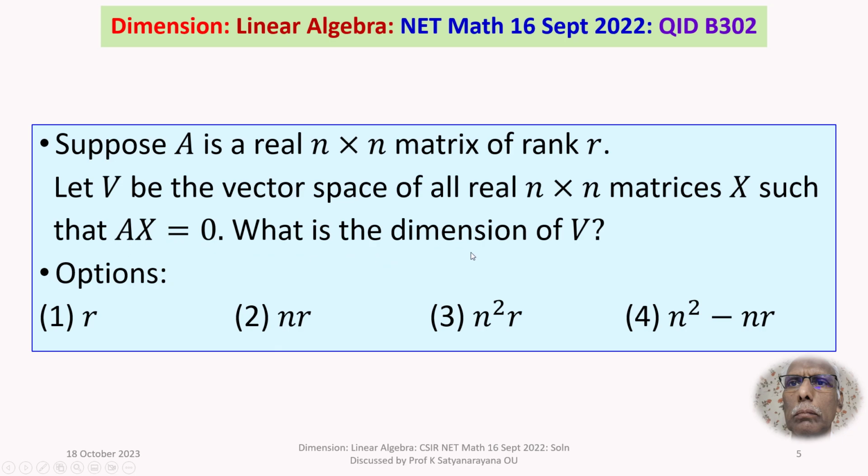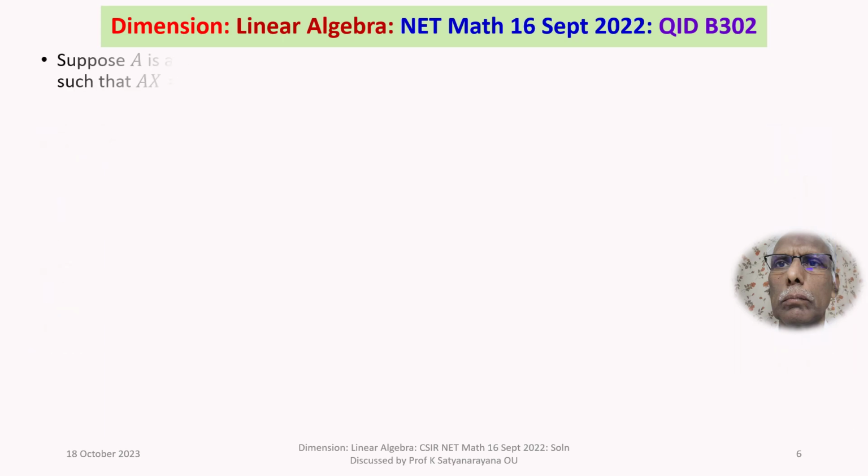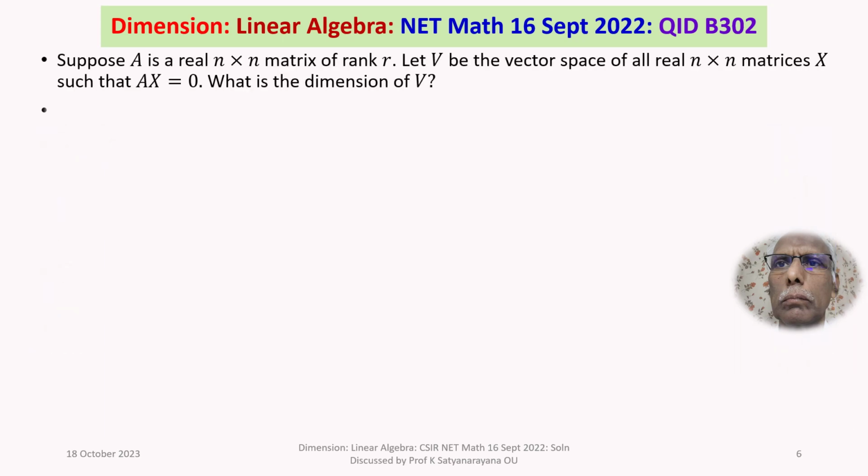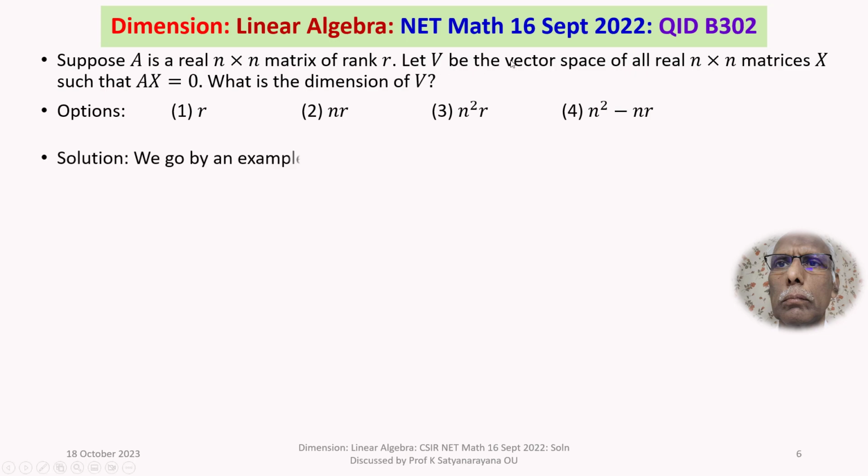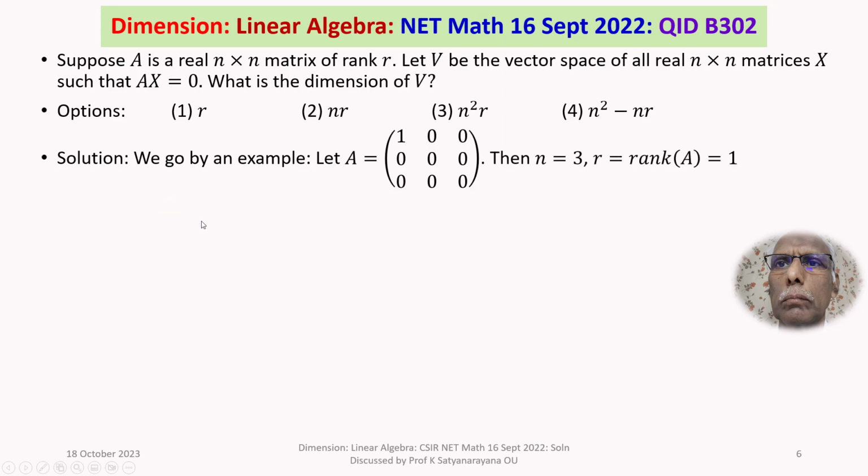Required to find the dimension of V. We now discuss the solution of the problem in detail. Now, we support our answer through an example. That means we go by an example.